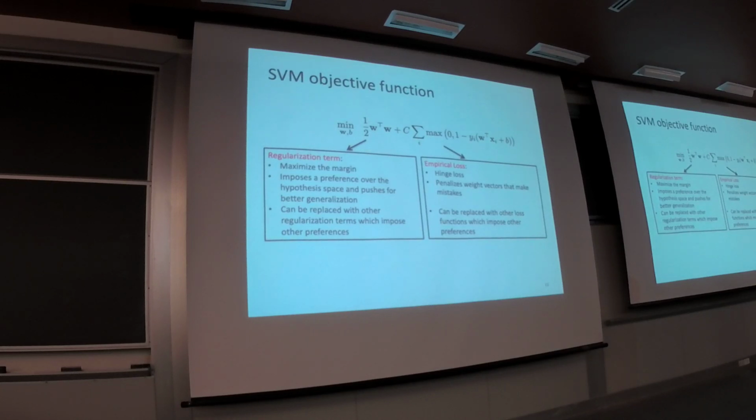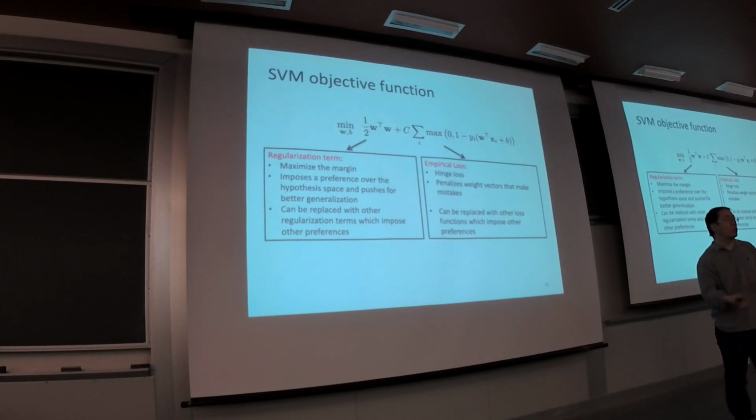SVM, right? The classifier we just discussed. Remember the cost function consists of two components. The first term tries to maximize the margin. What does maximizing margin mean? It's to penalize too complicated models.